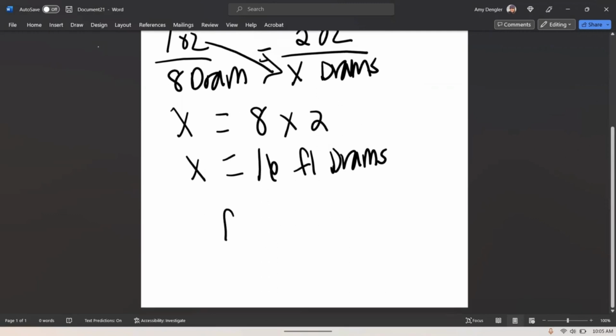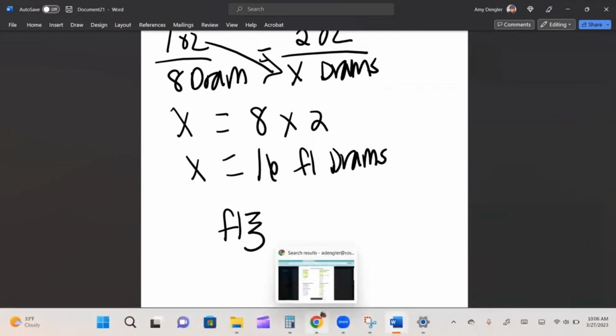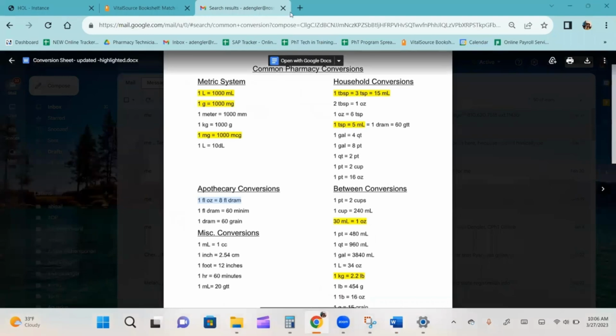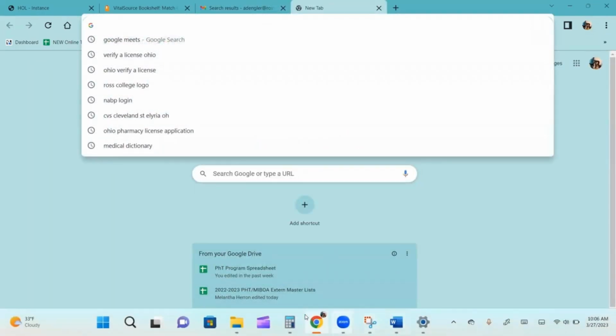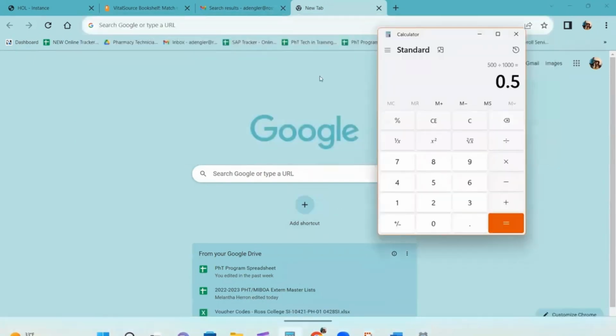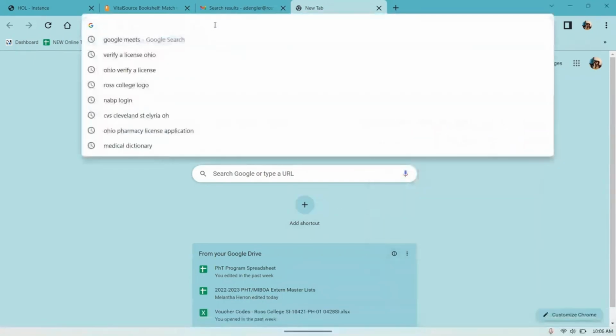And we would need to do FL, so our symbol. And then we would need to do 16 in Roman numerals. Which, let's Google it.